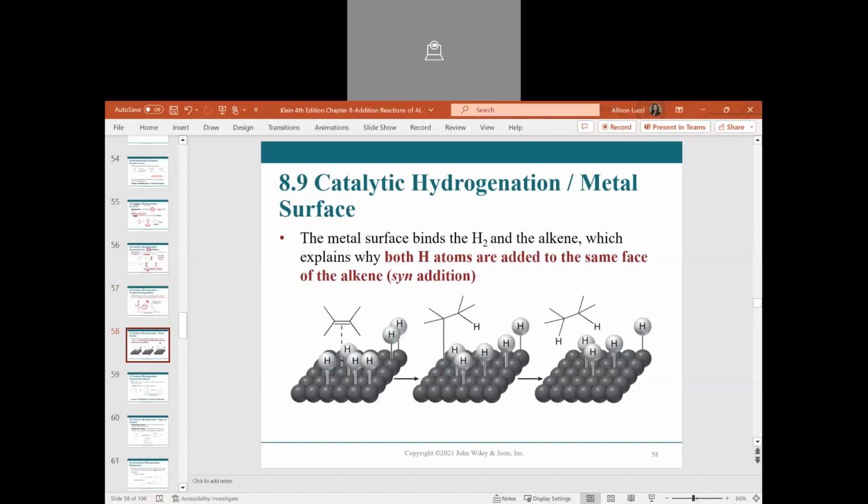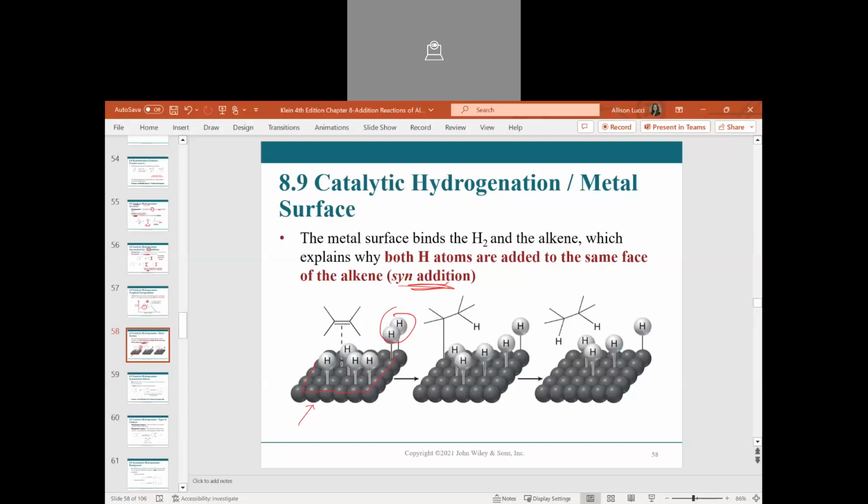So the reasoning behind the syn addition doesn't have to do with steric hindrance as far as it did with the hydroboration oxidation, but the fact that the metal here, this is supposed to be our metal catalyst, these darker spheres, and then our hydrogen, this is our diatomic molecule here, is attracted to the metal catalyst, and the molecule would add on the same side as a result, right?